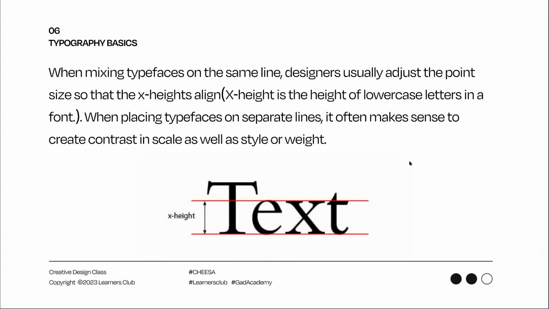When mixing typefaces on the same line, designers usually adjust the point size so that X heights align. So sometimes when you are pairing fonts, you align the text so that their X height, the height of the lowercase letters, matches.